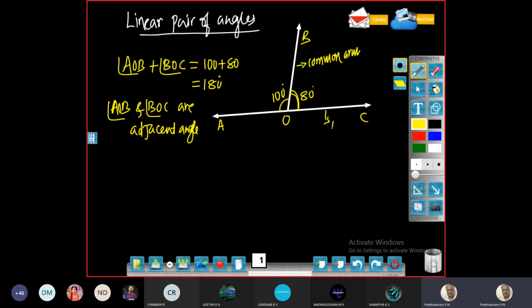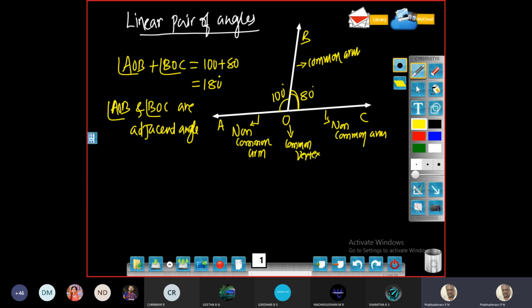And this is a non-common arm. And again this is also a non-common arm. And this is the common vertex.